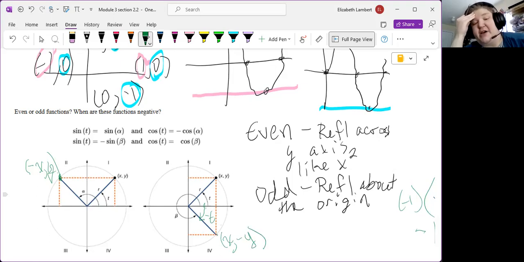They share the same x distance over, so they must share the same y length measure, but whether it's positive or negative depends on which part of the unit circle we're looking at.